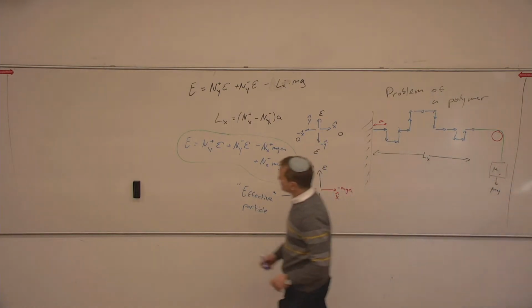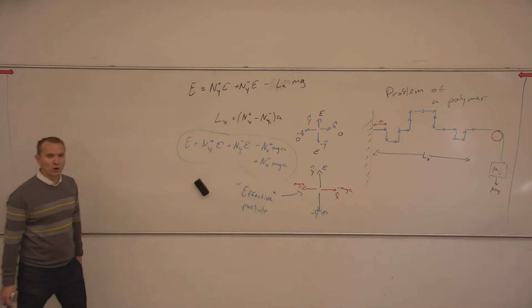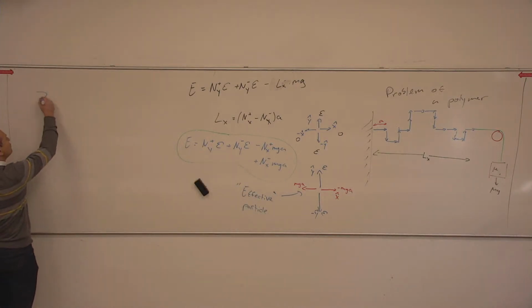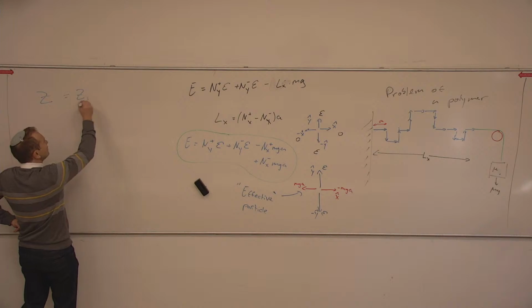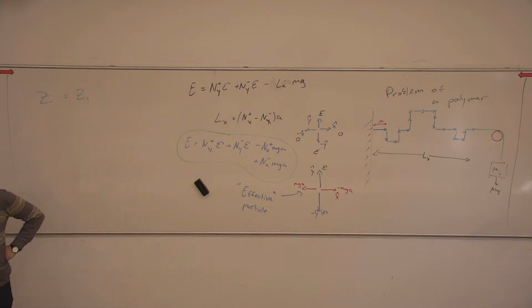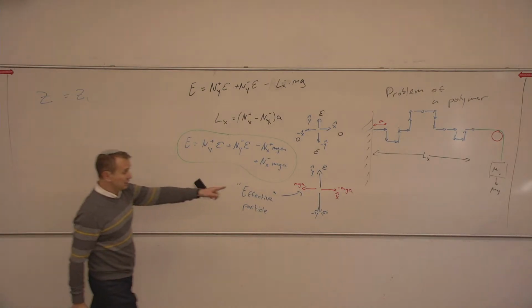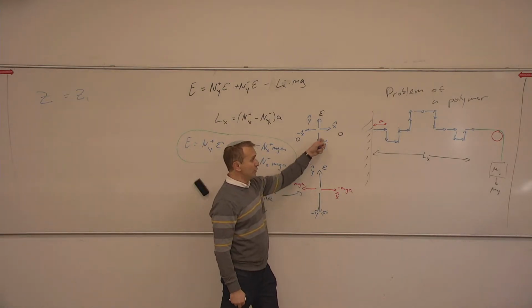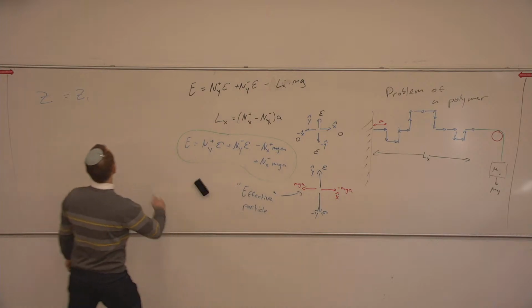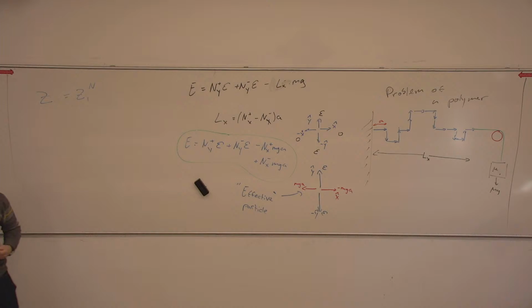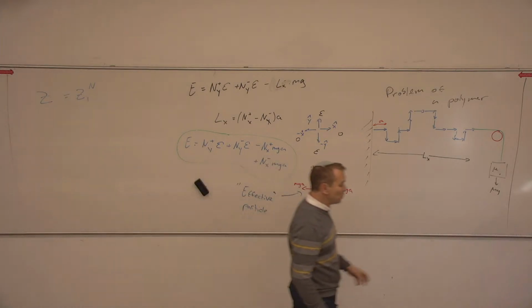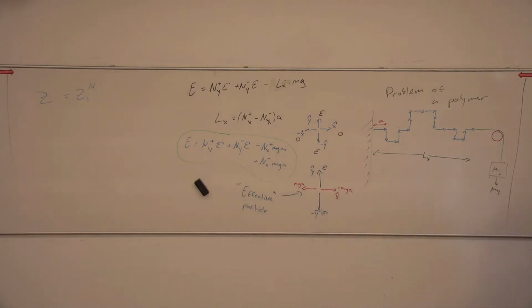And the prescription goes like this: if you want to compute the partition function, all the particles here are identical. Calculate the partition function of one single monomer, effective particle, this one, not that one, this one, and take the power of n out of it. That's it. We don't need to assume how many states there are for all the different systems.